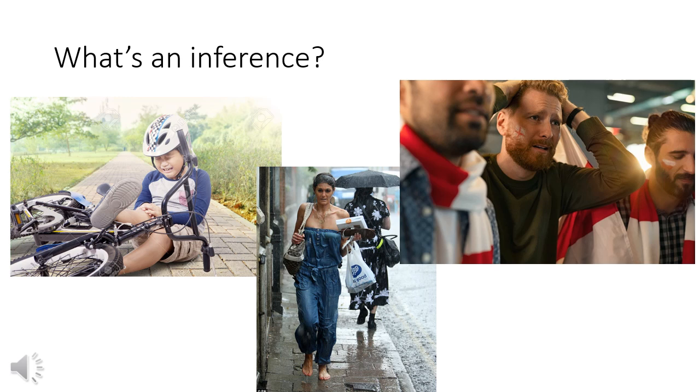No one has explicitly told me that. What I've done is I've looked at the clues and I've started to gather reasonable ideas about what might have been happening here. I don't see any cuts, I don't see any blood, so I don't think he's actually hurt. I think this is a little boy who is shocked, maybe he's a little bit scared.